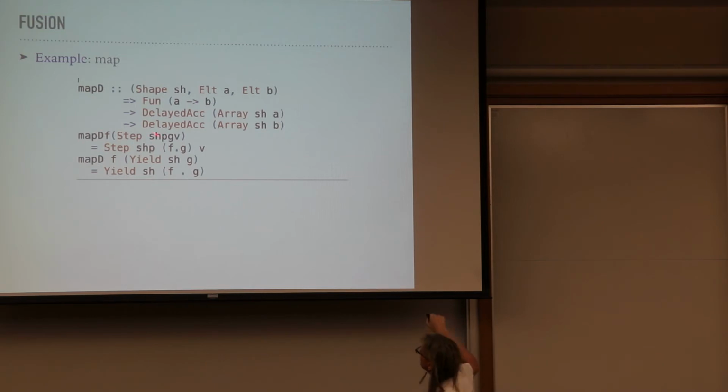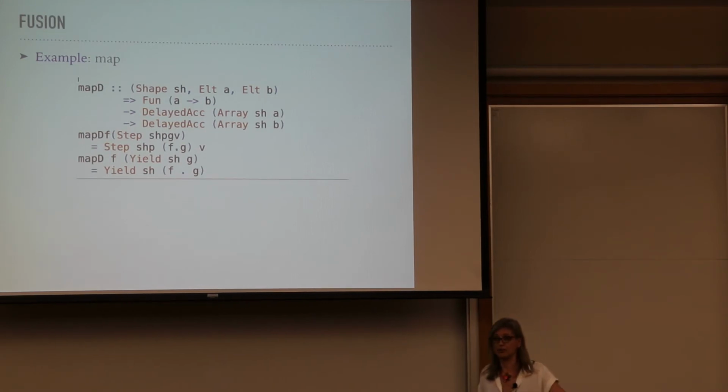Anyway, the important thing you can see here is, if it has a step computation, then it takes the actual computation and replaces it with the map F with G. Same for yield, and if it is a done already, then it would become a step function.